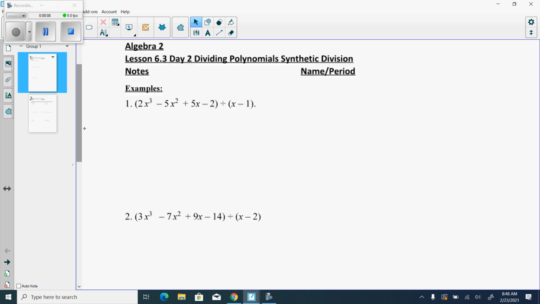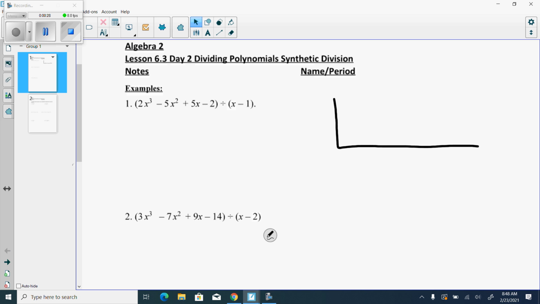Division, we are just going to be making a box with only the coefficients. Okay? So inside your box is going to be the coefficients of what you would normally put inside if you were doing long division. Okay?